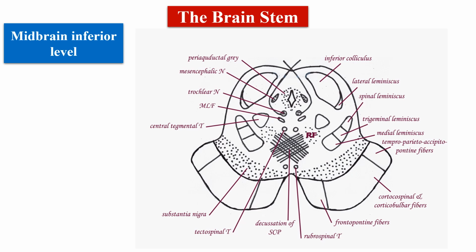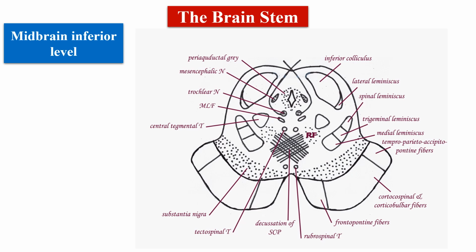At first, you must know that the midbrain gives rise to two cranial nerves, which are the third cranial nerve and the fourth cranial nerve, oculomotor and trochlear. So the midbrain at the superior level is the level from which arises the third cranial nerve, which is oculomotor. And the midbrain at the inferior level is the level from which arises the fourth cranial nerve, which is trochlear.